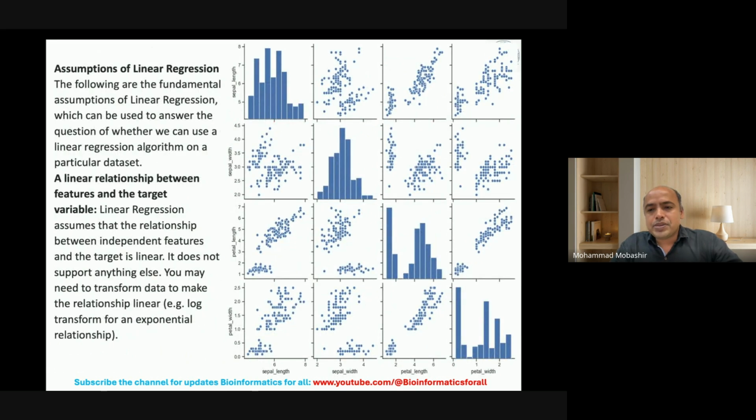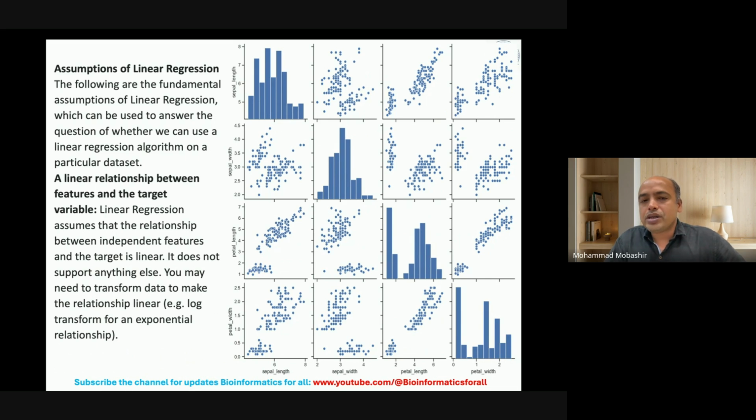Now, assumptions of linear regression. The fundamental assumptions of linear regression, what you can see here, is something like how to use it, what are the most important formula which you need to implement at which stage, and the most suitable formula, the most suitable terms which you need to use.